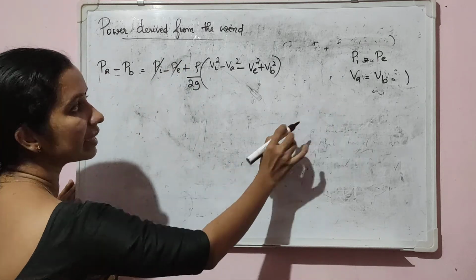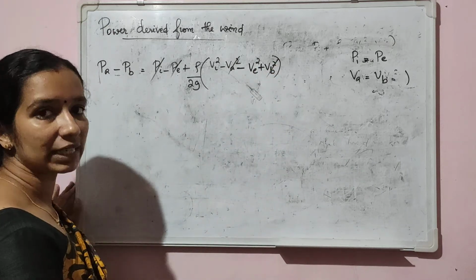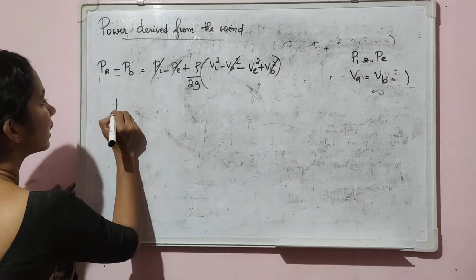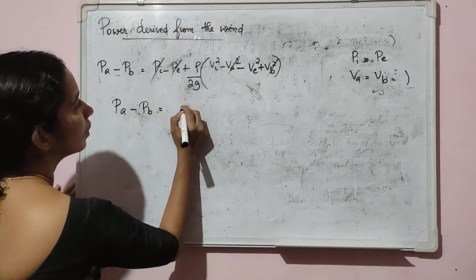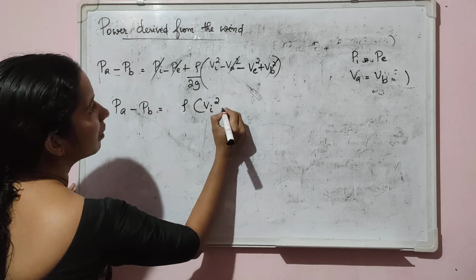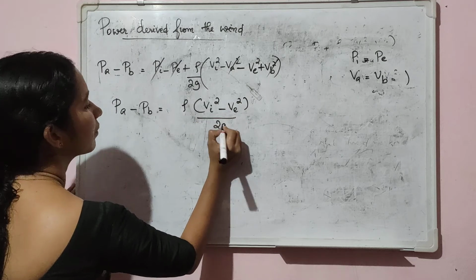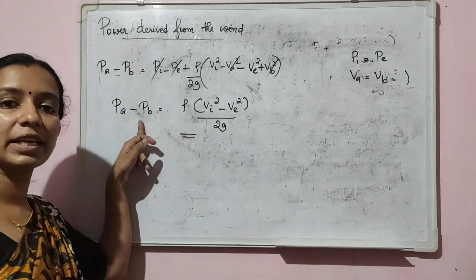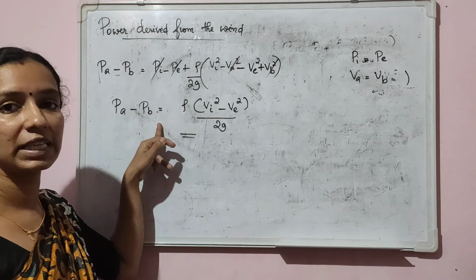Also Va is equal to Vb, so minus Va square and plus Vb square get cancelled. The remaining term becomes Pa minus Pb is equal to rho into Vi square minus Ve square divided by 2G. This is the variation of pressure across the turbine blade, Pa minus Pb.